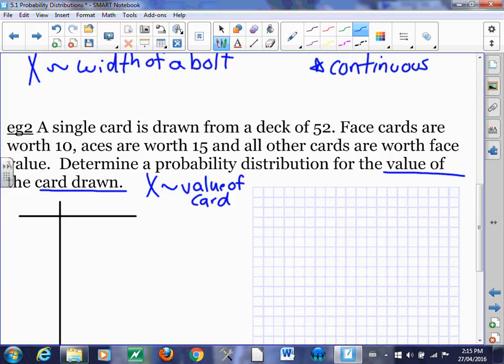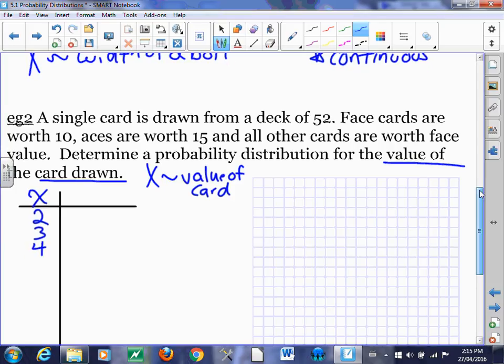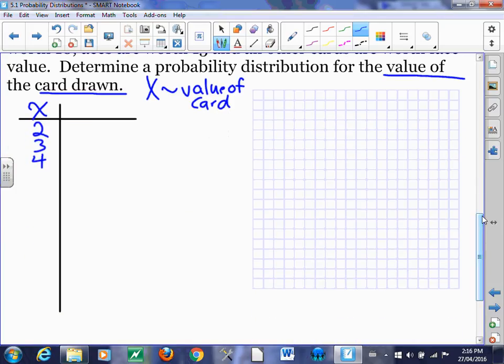Okay. Now, the lowercase x, which is all possible cards. So what possible cards could we do? Let's start with 2, because we'll deal with ace later. So 2, 3, 4. I'm going to move this up a bit so I can see how long I got. Oh, good. I got some room. 5, 6, 7, 8, 9, 10. And then what happens, folks?